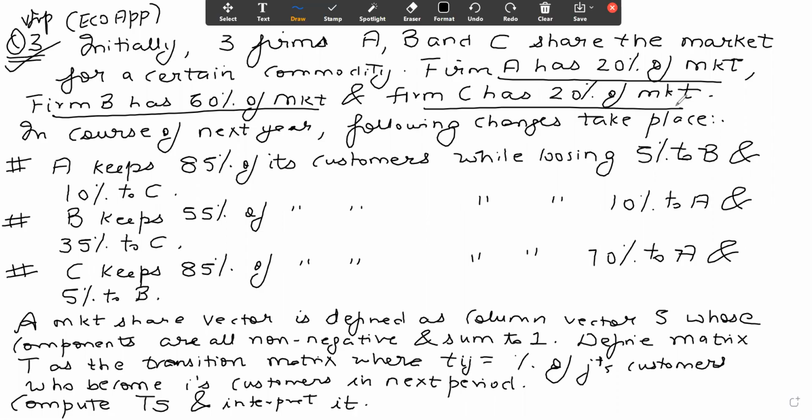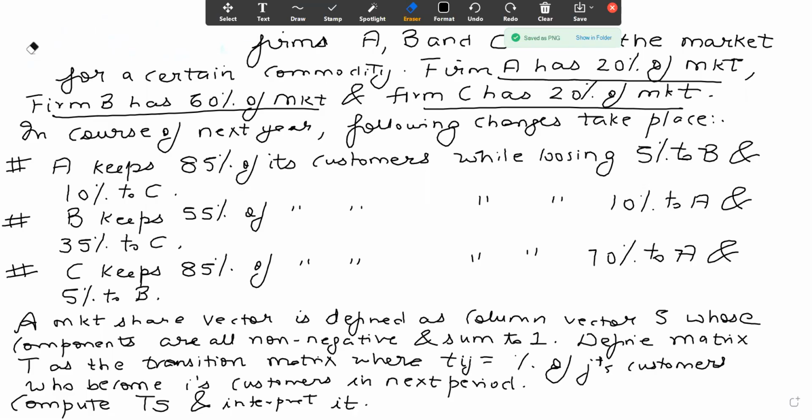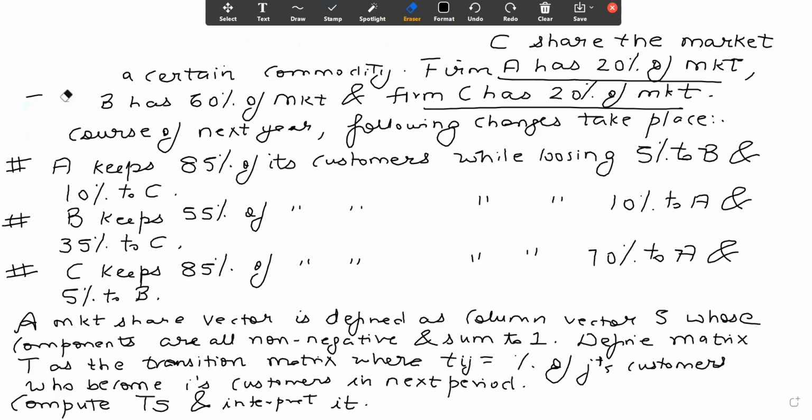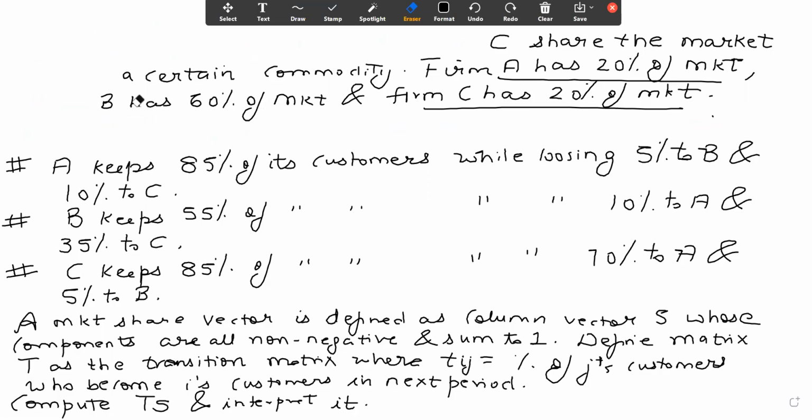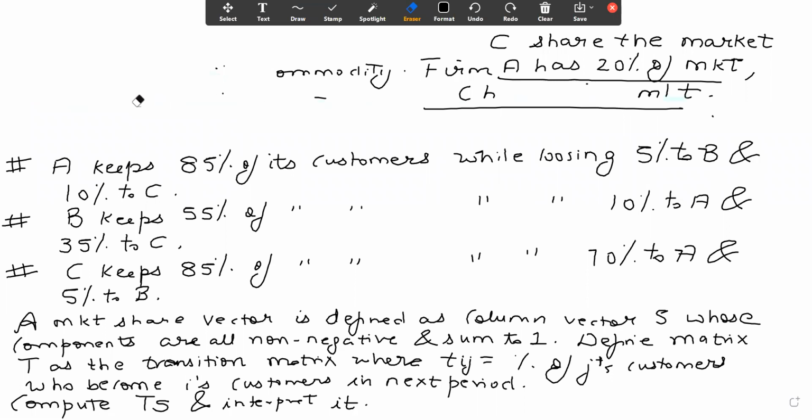So now guys, I am erasing only the first paragraph, hoping that students have written down this question by now. Okay, and let's solve this question.